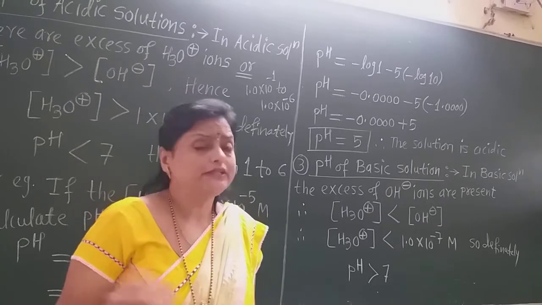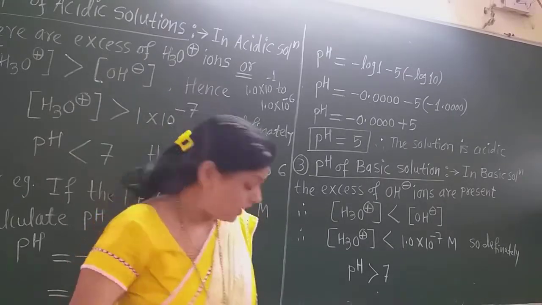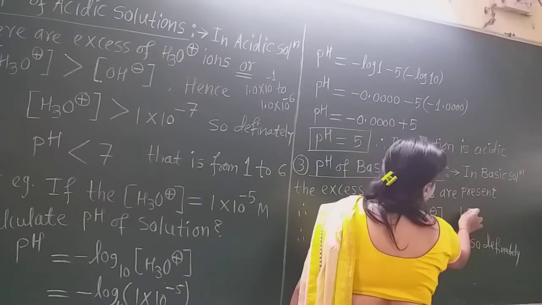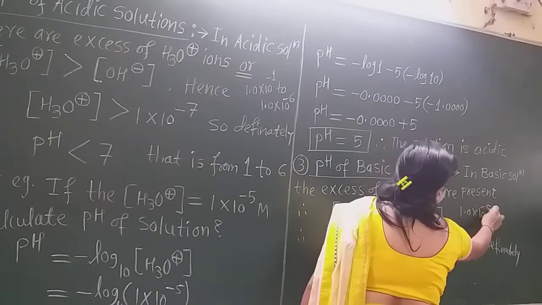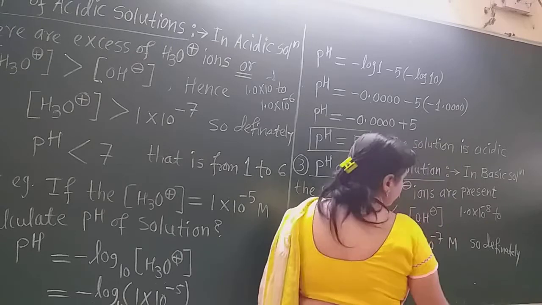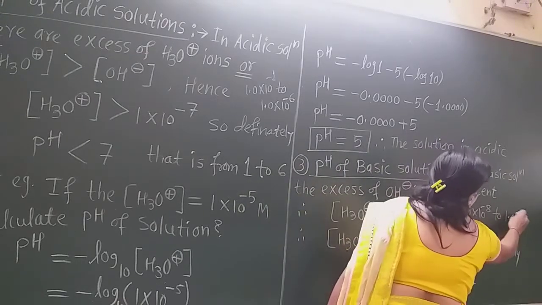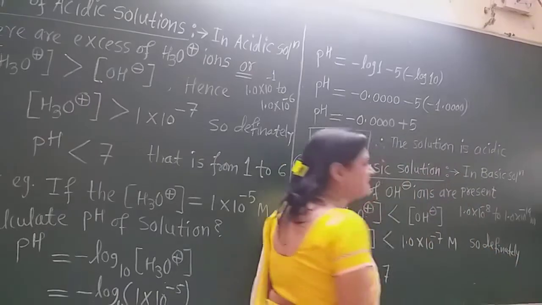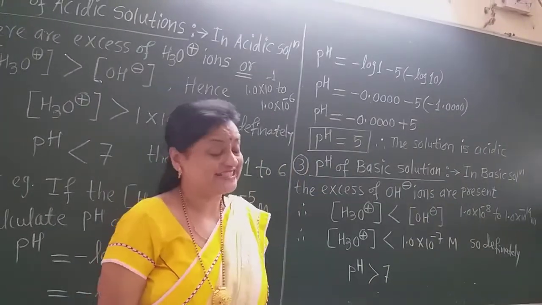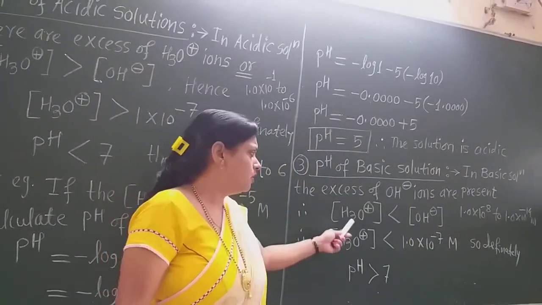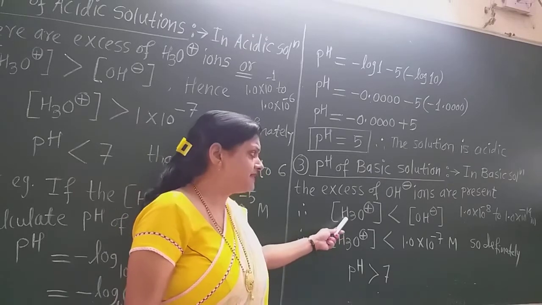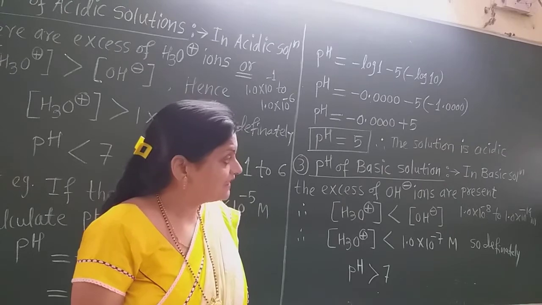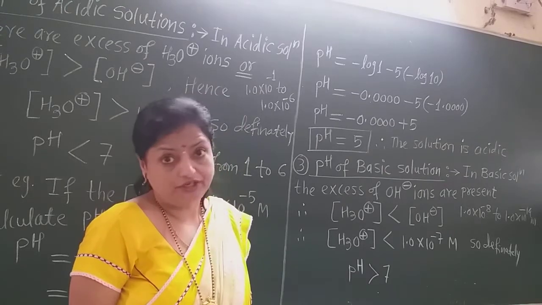Those values range from 1.0 into 10 raised to minus 8 to 1.0 into 10 raised to minus 14 molar, because these are less than 10 raised to minus 7.